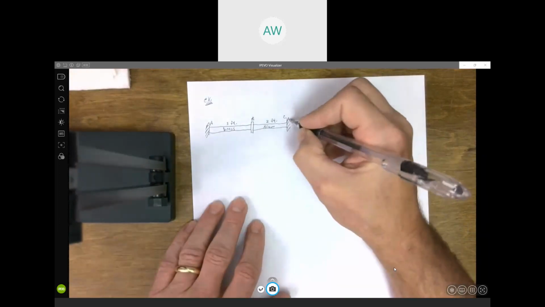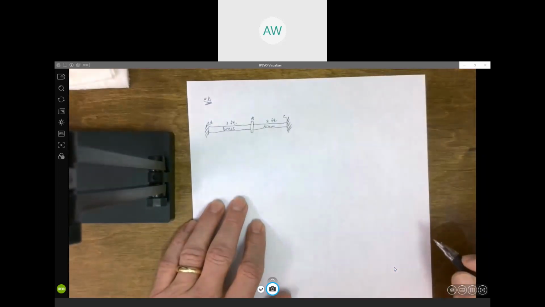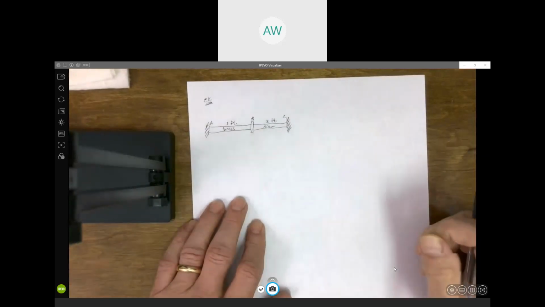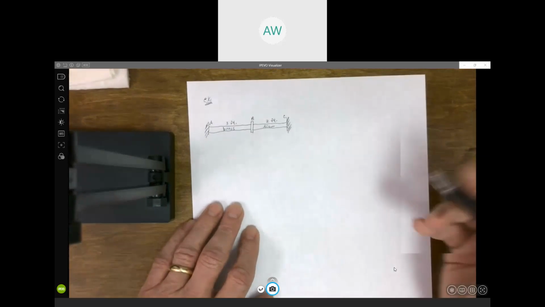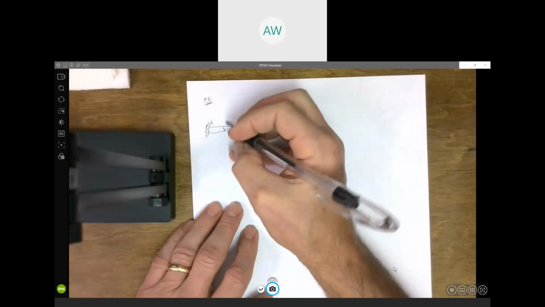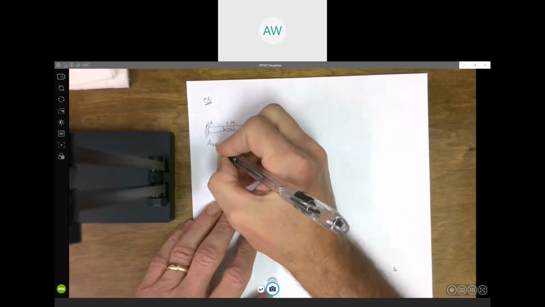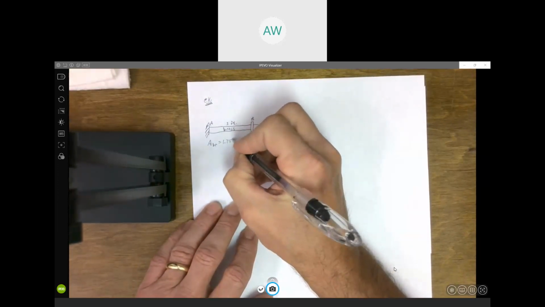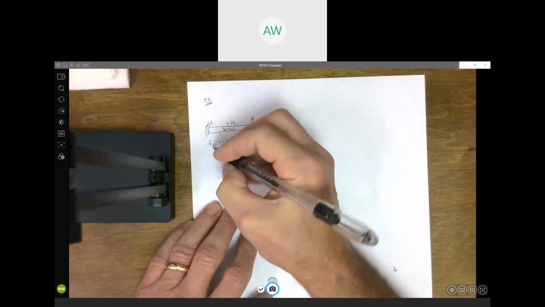So same thing over here at C. It is attached. It's not just resting against the wall. It is fixed, attached to that wall. And we've got some material properties. The cross-sectional area of the brass is 1.75 square inches.